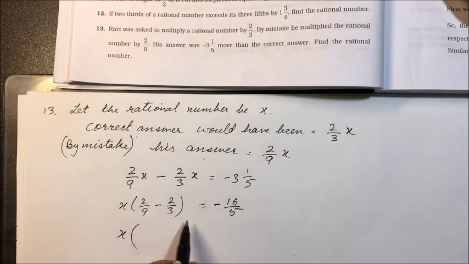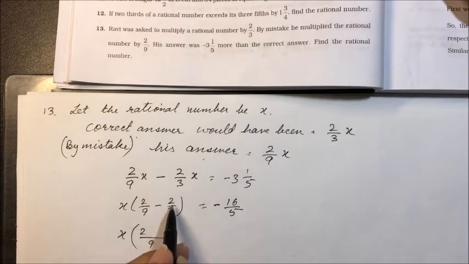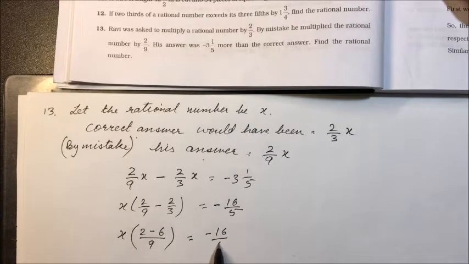Take the LCM, 9 is the LCM: here it remains 2, here 3 times 3 is 9, so 2 minus 6 equal to minus 16 upon 5. Now 2 minus 6 is minus 4, so x into minus 4 upon 9 equal to minus 16 upon 5.